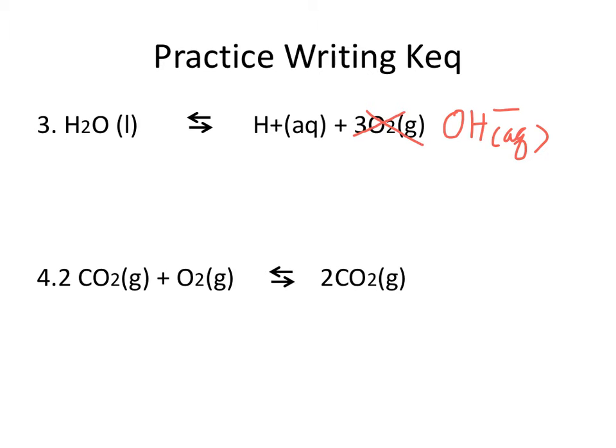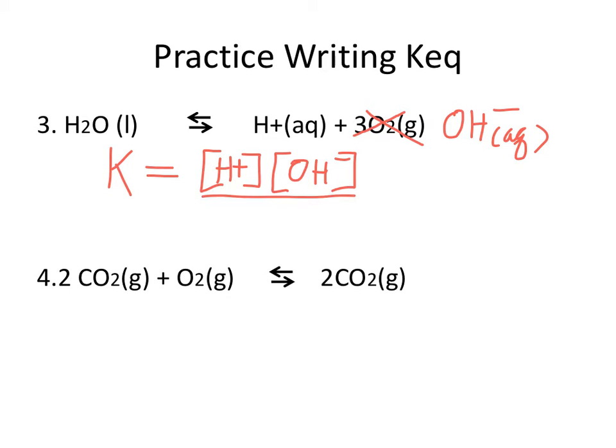Okay, so if we're writing the equilibrium constant expression for that, K is equal to H plus. There's a 1 here, so we don't have to worry about a superscript. OH minus, and water is a pure liquid, so that's over 1. So the expression for this would be H plus times OH minus.